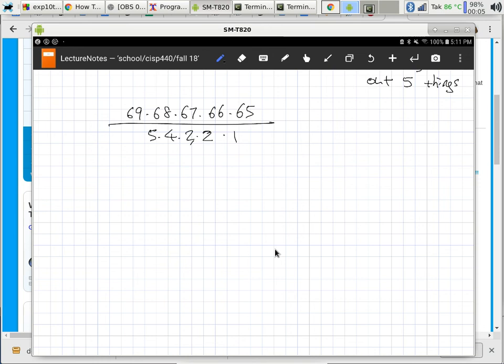The bottom one, or the denominator, tells me given 5 things, okay, I've already chosen, this is the 5 balls, the 5 numbers that we are interested in, how many ways can we shuffle those 5 things so they appear different in the numerator? So when you divide these two, then we get the number of ways of choosing 5 things out of 69, where ordering is not significant anymore.